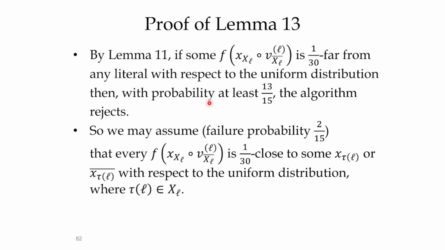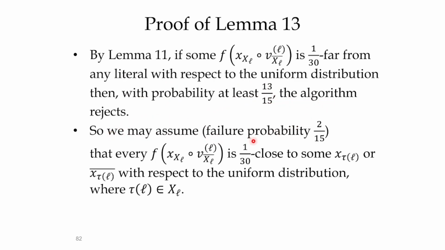By lemma 11, if some f of X subscript capital XL concatenation V subscript capital X L bar powered by L is 1 divided by 30 far from any literal with respect to the uniform distribution, then with probability at least 13 divided by 15, the algorithm rejects.